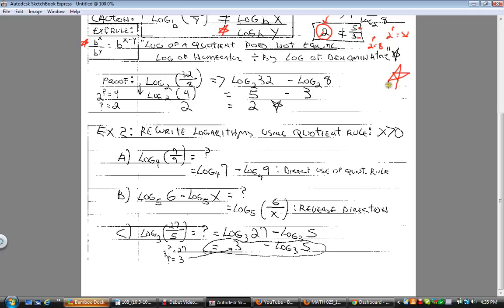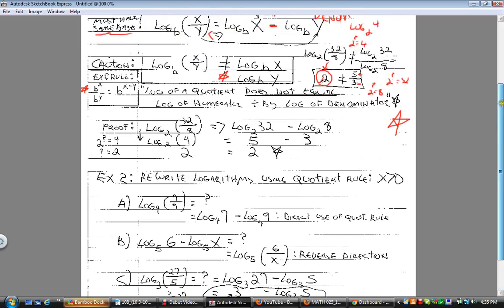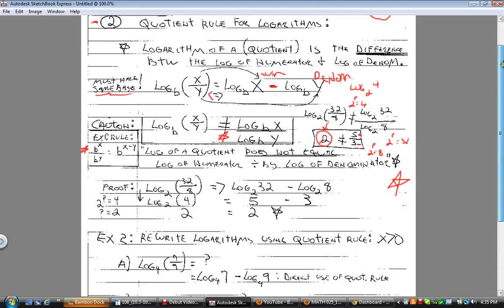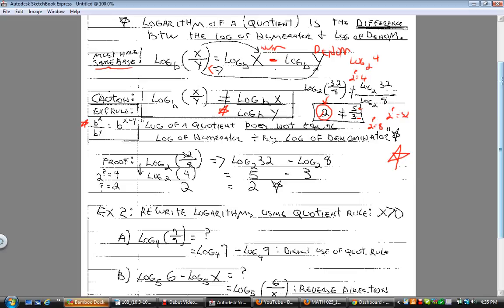Okay. Now, what's interesting is I took a couple minutes here and I actually tried to prove that the rule that we're working on here, the quotient rule, is indeed true.